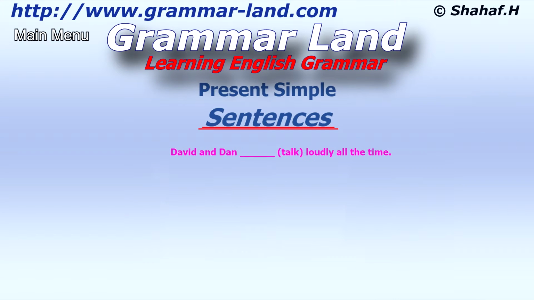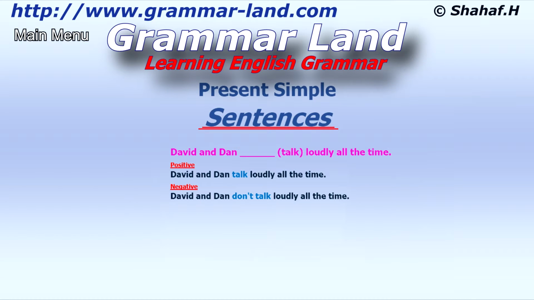David and Dan talk loudly all the time. David and Dan are they, and that's why we use do. We do not add any s to the verb. Positive: David and Dan talk loudly all the time. Negative: David and Dan don't talk loudly all the time.